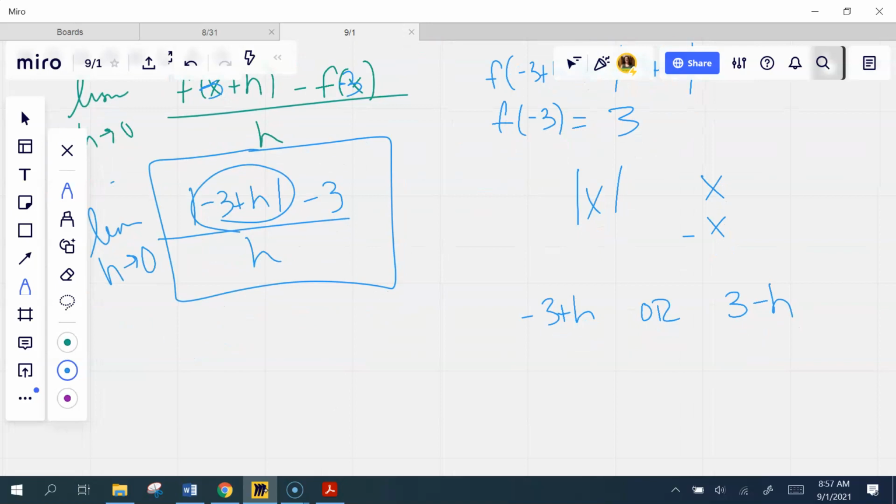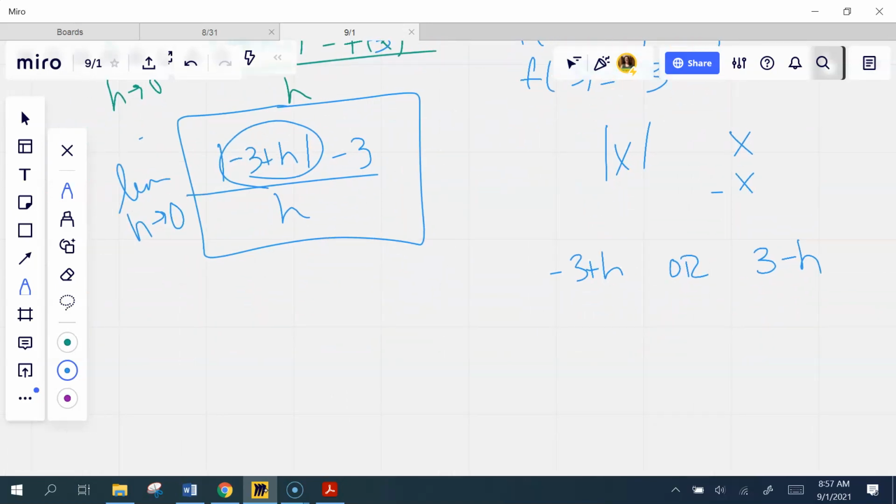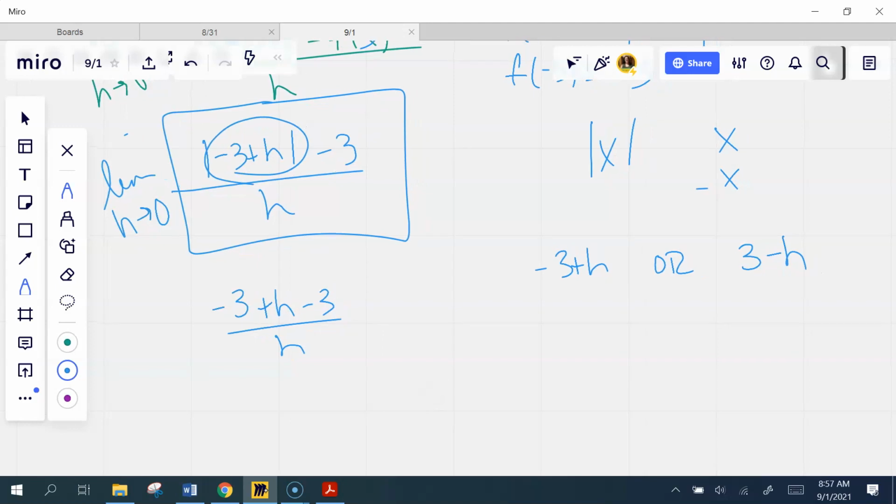So if I leave it like this, negative 3 plus h minus 3 over h, nothing cancels, I can't solve it, right? But if you change it around, so you get 3 minus h minus 3 over h, you'd end up with negative h over h.